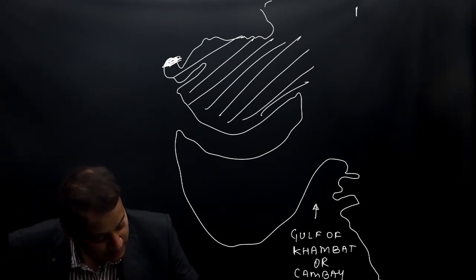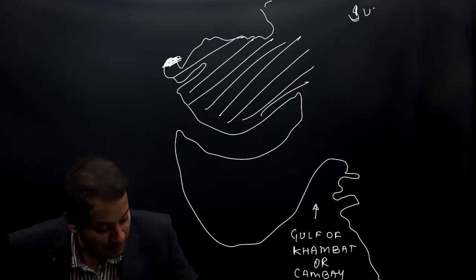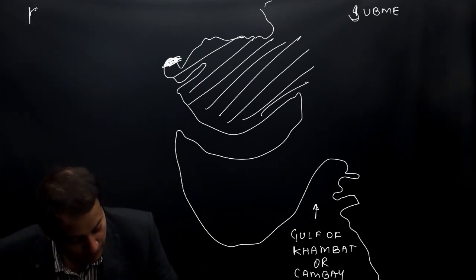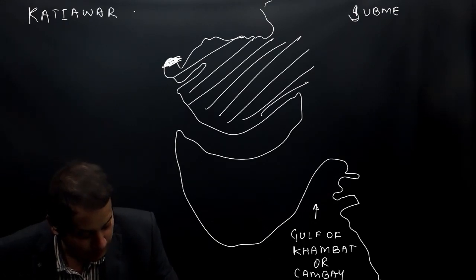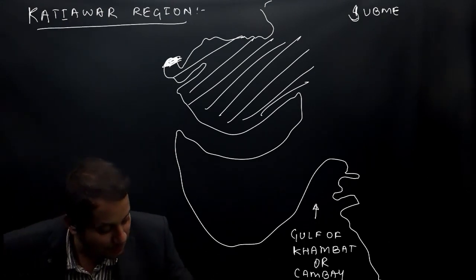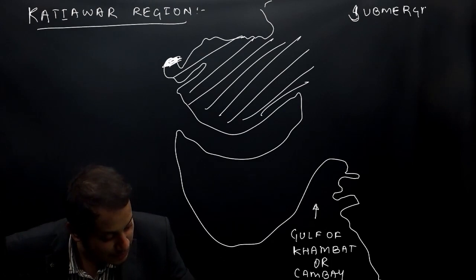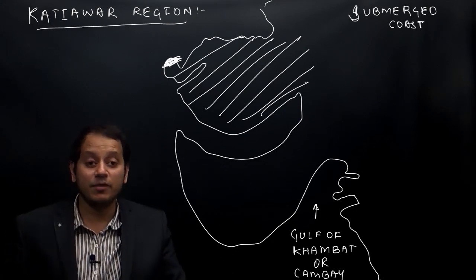The Kathiawar region is an example of a submerged coastline.